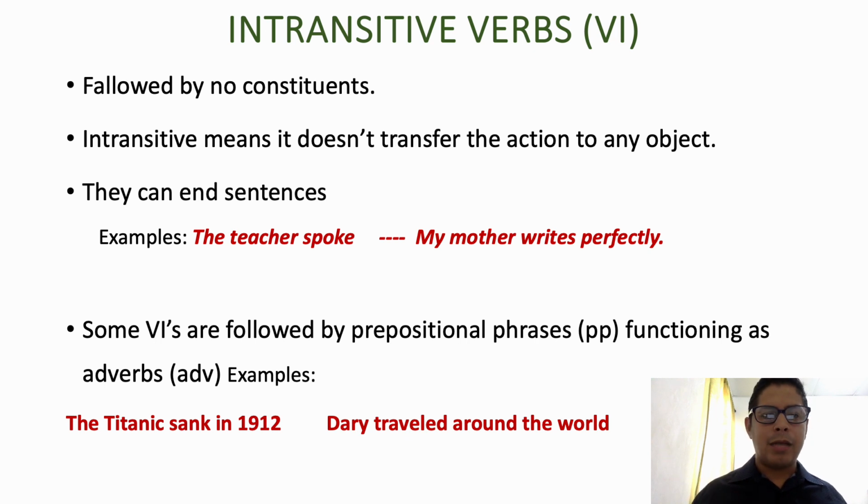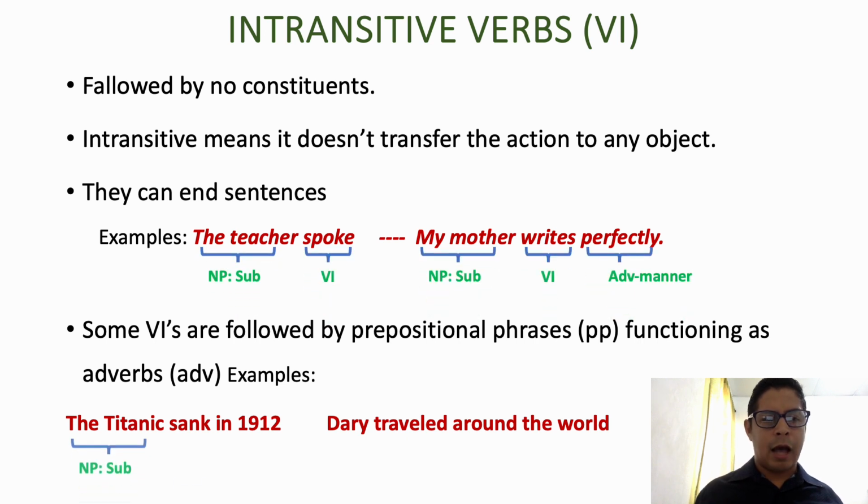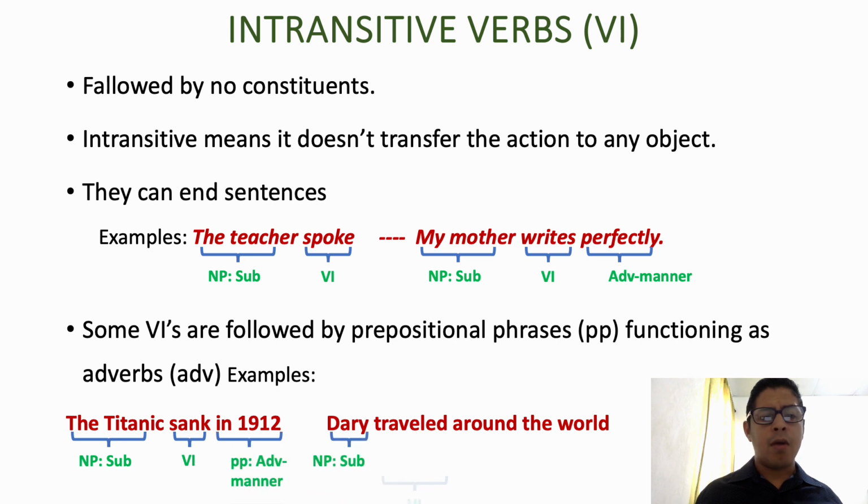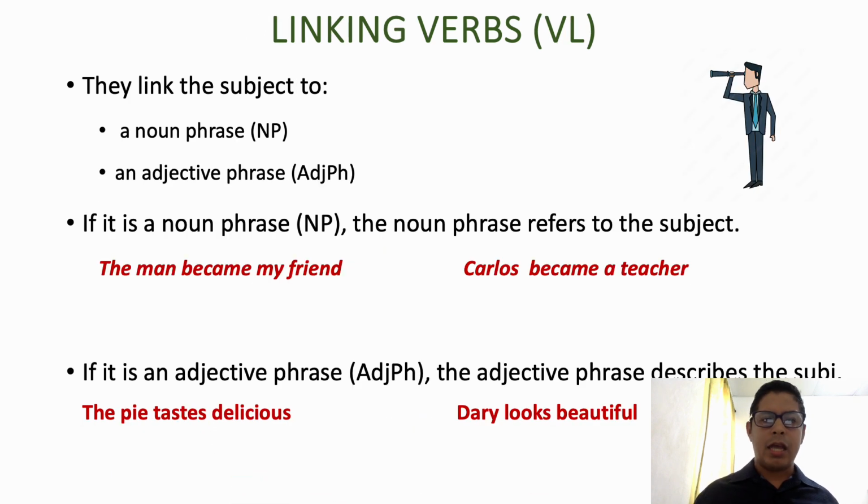The form of these is prepositional phrase, but the function of them is adverb: adverb of place in around the world and adverb of time in 1912. So this is the first example. Okay, so in here we can see all the aspects. Very good. So we're going to explore the second one, that is linking verbs.